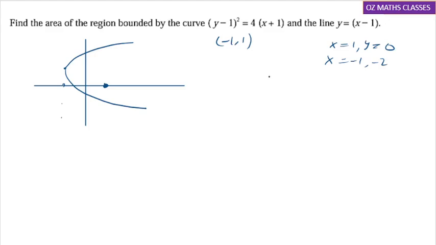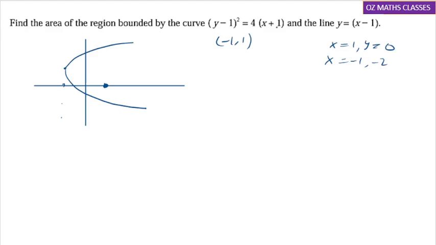And let us find the point of intersection. We need the area of the region bounded by these two curves. Here I will take the y coordinates as the limit.